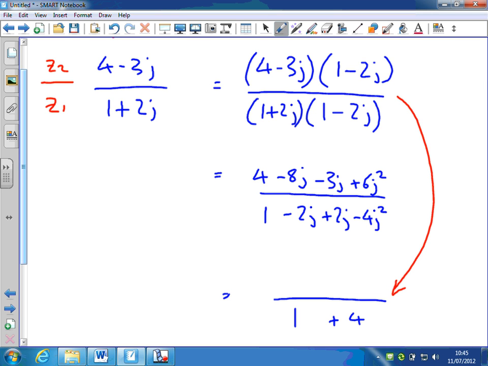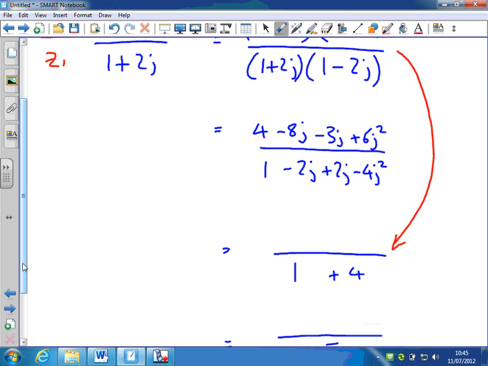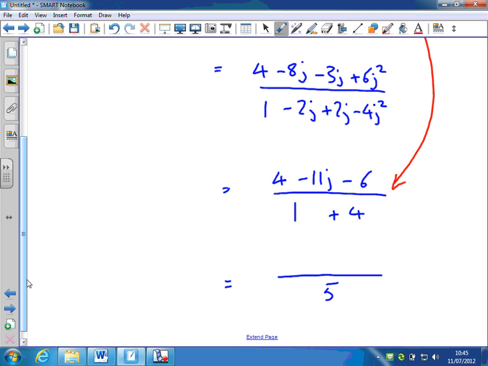So collecting together like terms, that means we get 4 minus 8 minus 3 is minus 11j, minus 6, because again j squared is minus 1. So now I can collect together the real numbers, so that's minus 2 minus 11j.